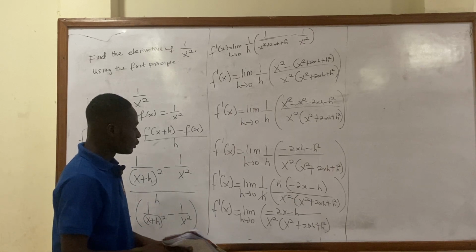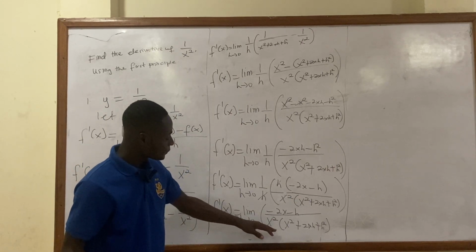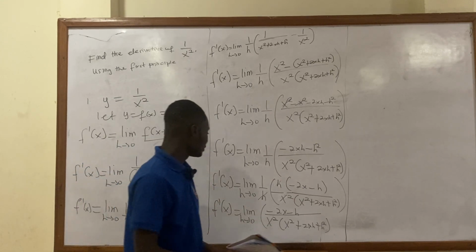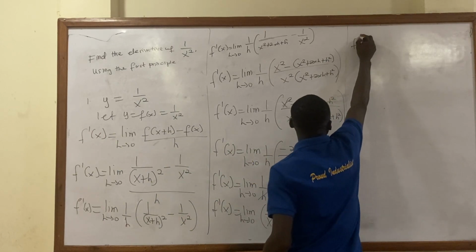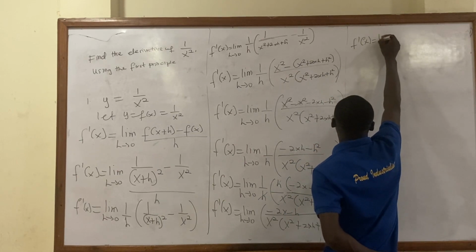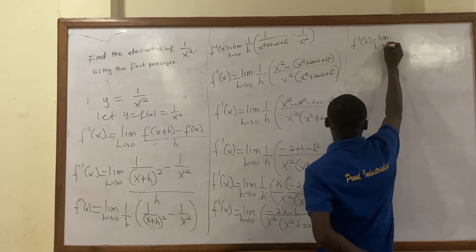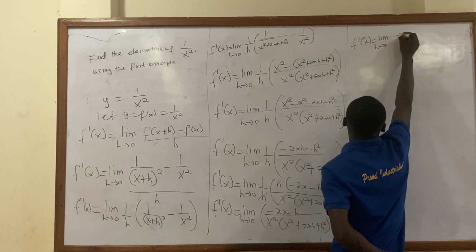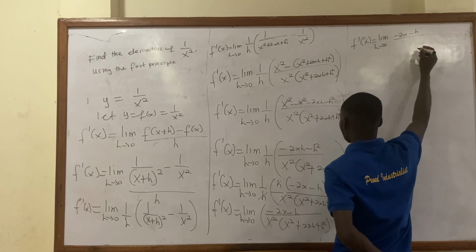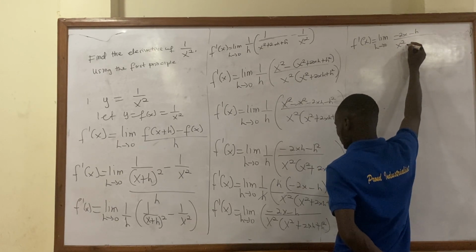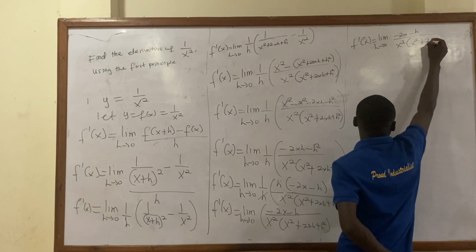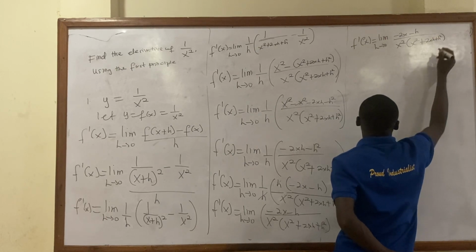Very, very simple. From here we can do some simplification again, and then we can say that our first principle is equal to the limit as h approaches 0 of minus 2x minus h over x squared into x squared.